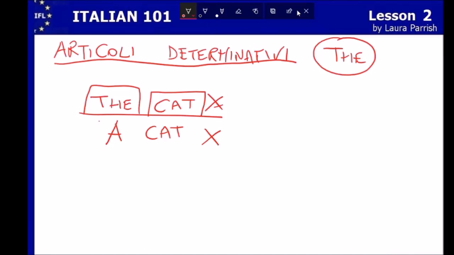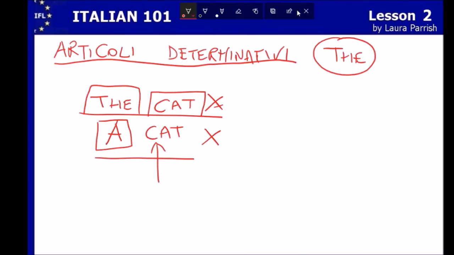If instead I use the indeterminative article, so this one, and I tell you I want a cat, it means that the object, the cat, is not determinate. Another cat is okay.